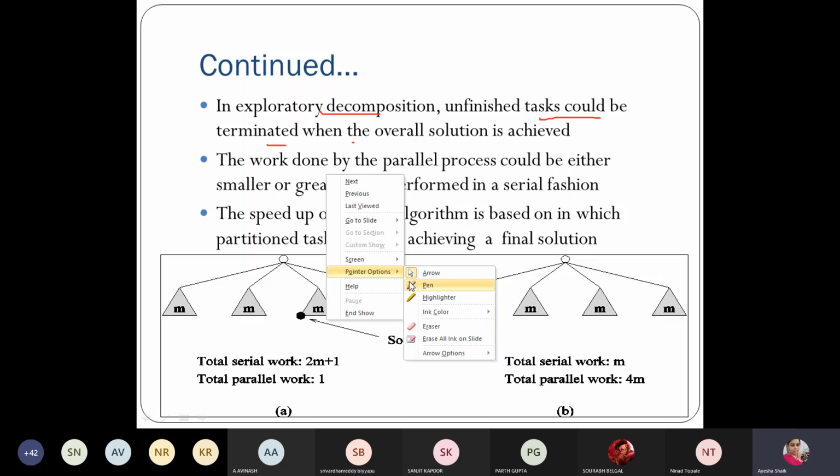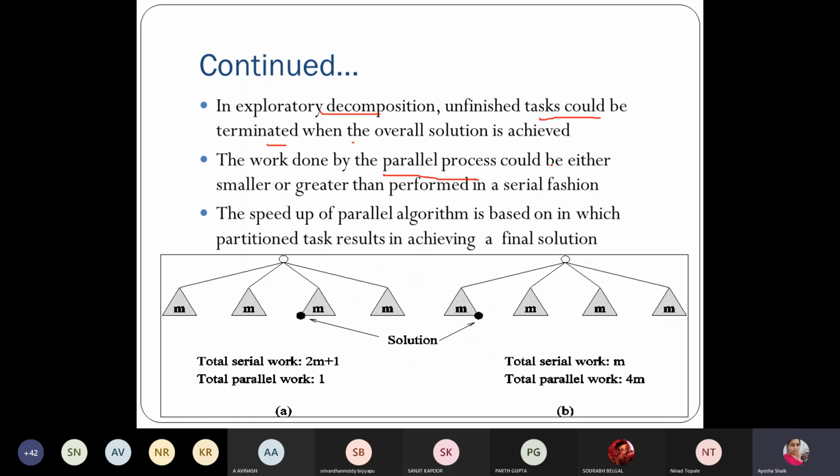And the work that is done by the parallel process could be either smaller or greater than that performed in a serial fashion. And the speed up of the parallel algorithm is based on which partition task results in achieving a final solution.